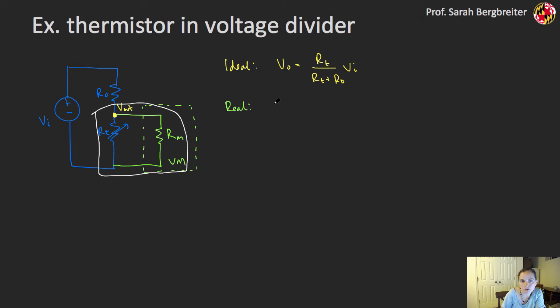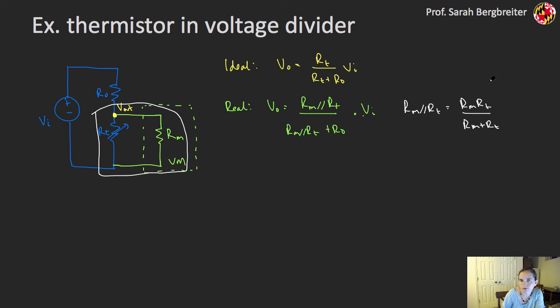So if I compute what V out is in reality, I'm going to have an equivalent resistance for these two resistors in parallel, or I could rewrite that as Rm in parallel with RT over Rm parallel with RT plus R0, that whole thing times Vin. Now, Rm in parallel with RT is going to be equivalent to Rm times RT over the sum of those. That's just from your basic circuits.